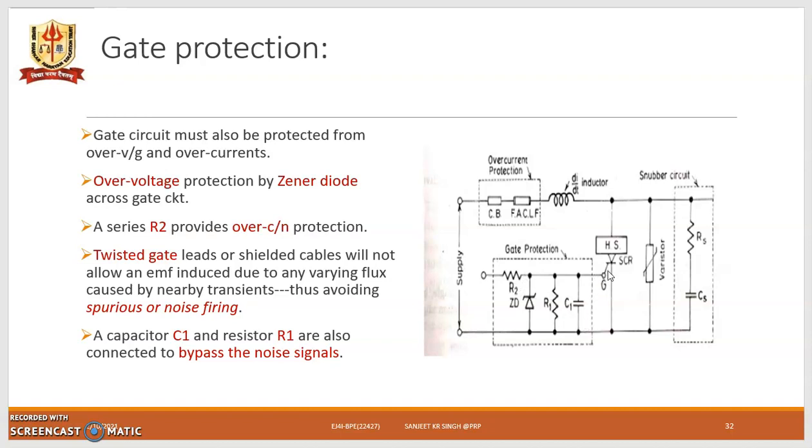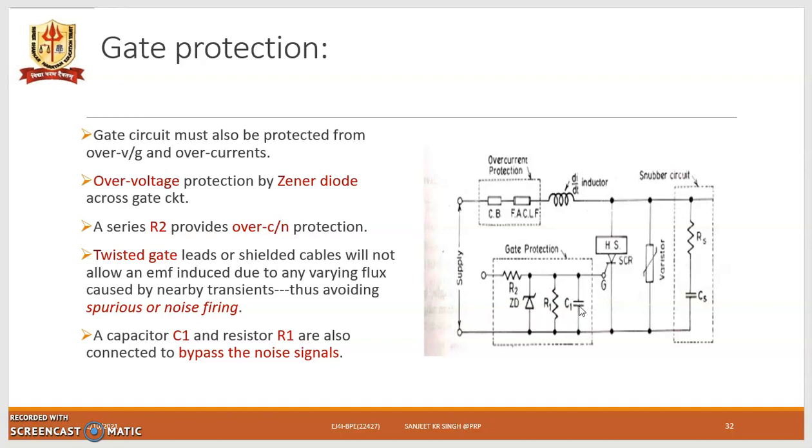Then the gate lead can be twisted, or a shielded cable can be used, so that any EMF due to varying flux caused by nearby transients, or variations in the supply for any reason, will not introduce any EMF into the gate, and therefore it avoids spurious or noise firing.